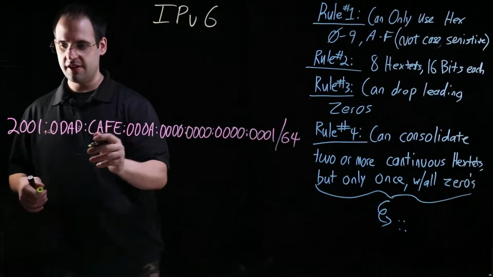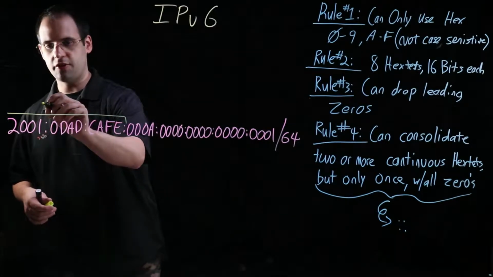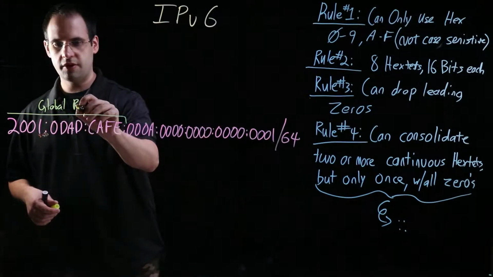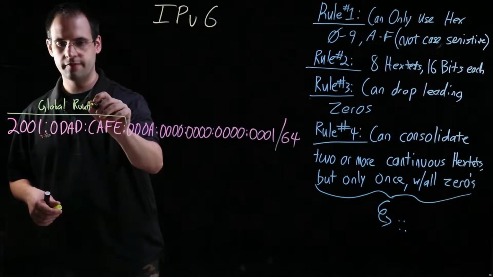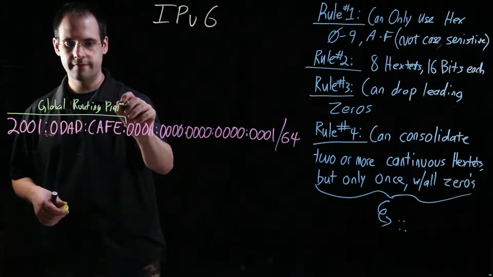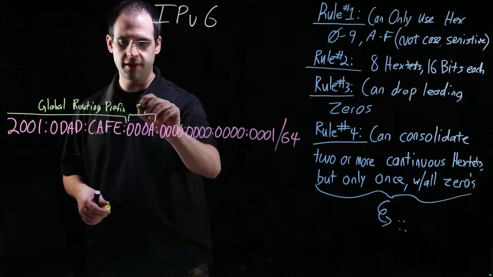We also saw that this portion right here is our global routing prefix. This guy right here is our subnet ID.